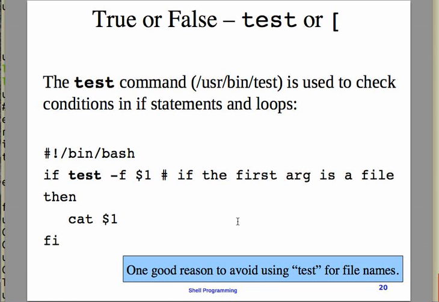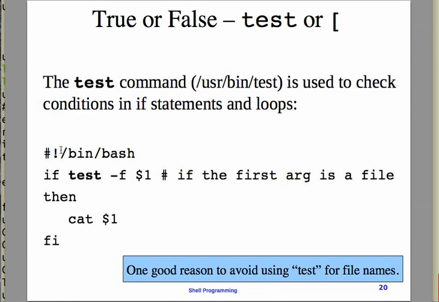Okay, so how do you do Boolean expressions? In Bash, there's two ways to check something. They're both the same. It's called the test command or the left square bracket command. It turns out the test command is an executable file that you can find in /usr/bin.